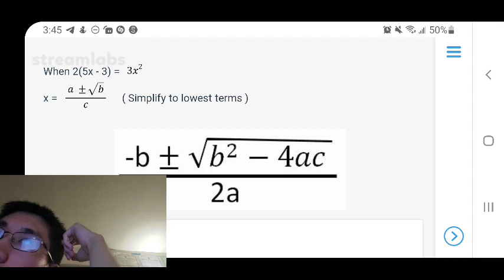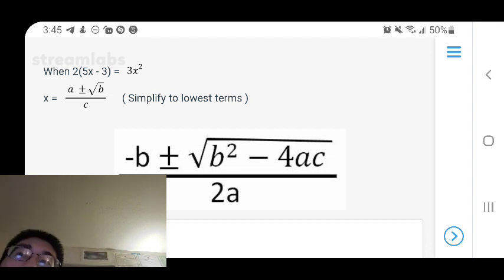I need to use... I don't know, do 3x squared minus 10x plus 6 is 0. 10x minus 6, 3x squared, subtract 10x plus 6 equals 0.